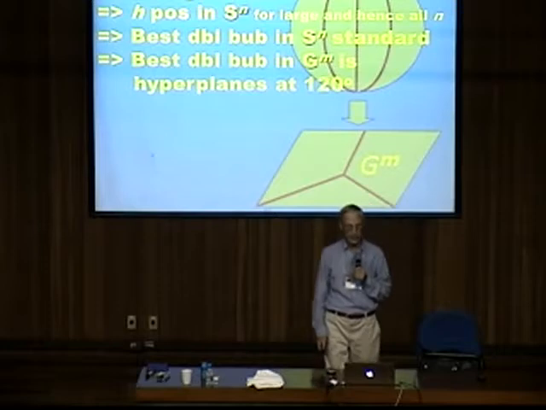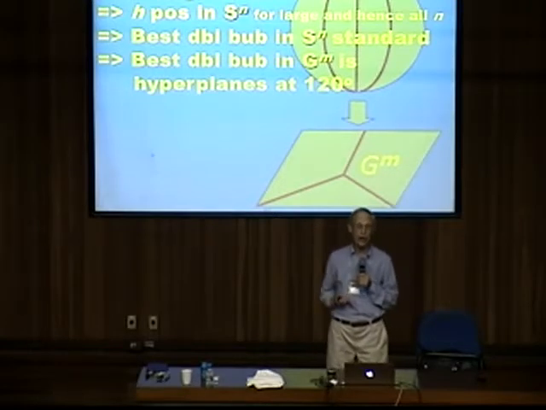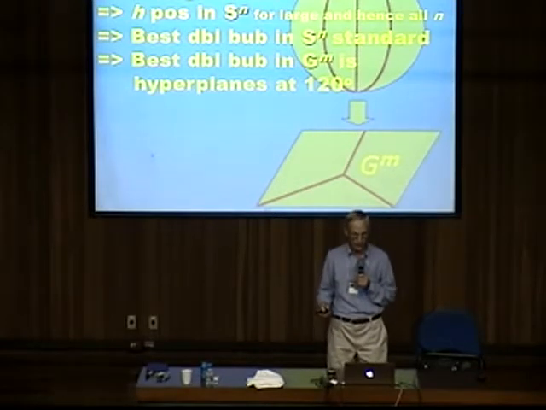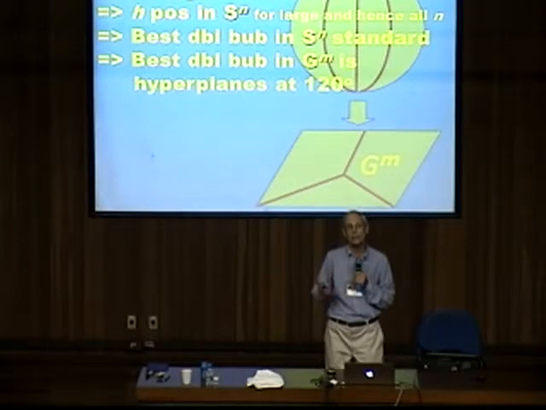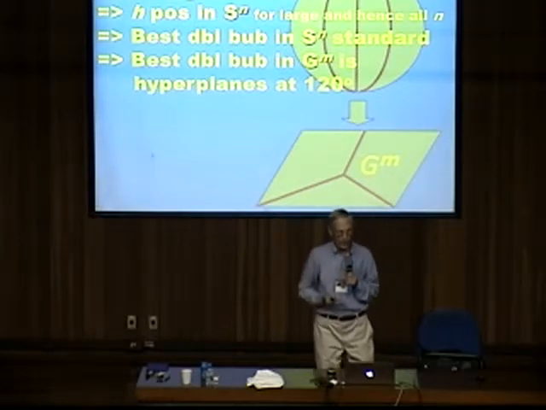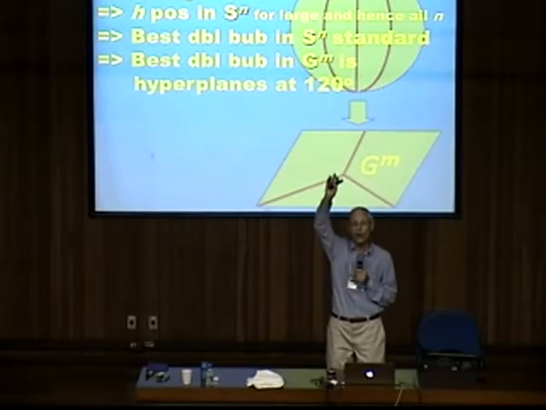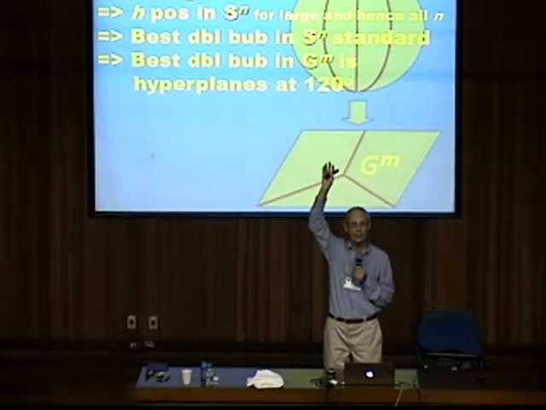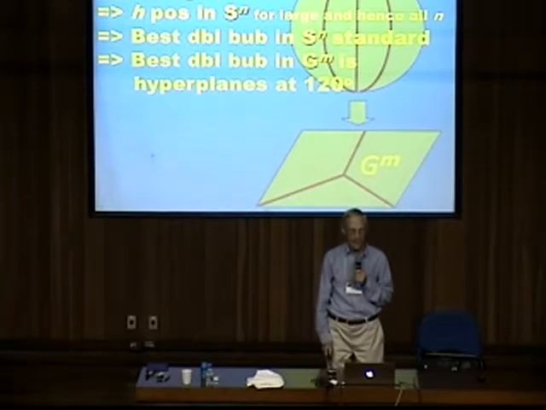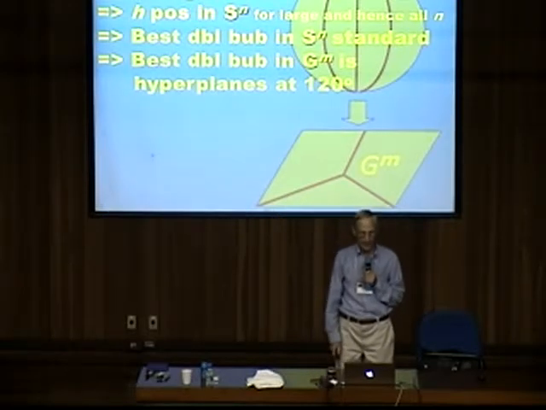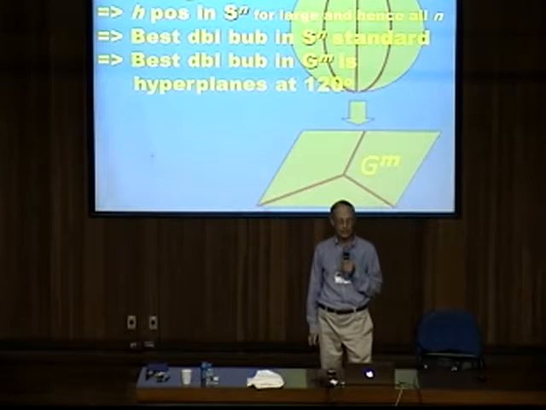So in a little more detail, you showed that the Hutchings function is positive in the Gauss plane. That means, since that's the limit of projections of high-dimensional spheres, that it's positive in Sn for large n. But since large n's are harder, that means it's positive in all Sn, and that means the best double bubble in Sn is the standard one.